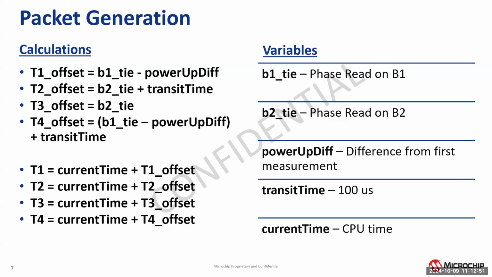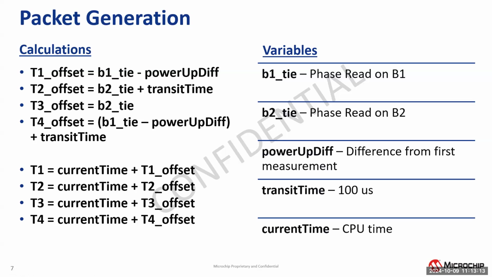Here's a quick rundown on all of the calculations we did. So generally, the key variables here are the phase measurement on the leaderboard, that's board 1, the phase measurement on board 2. Power up difference is the difference on the first phase measurement done.